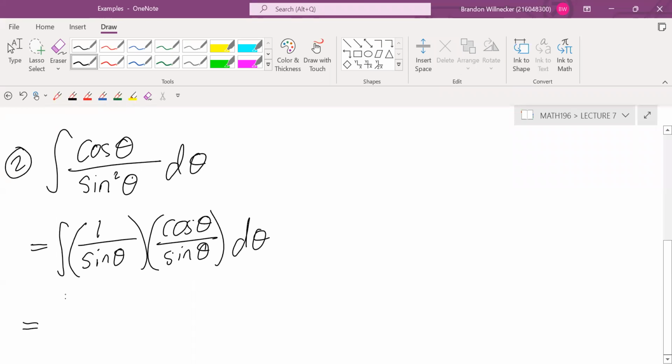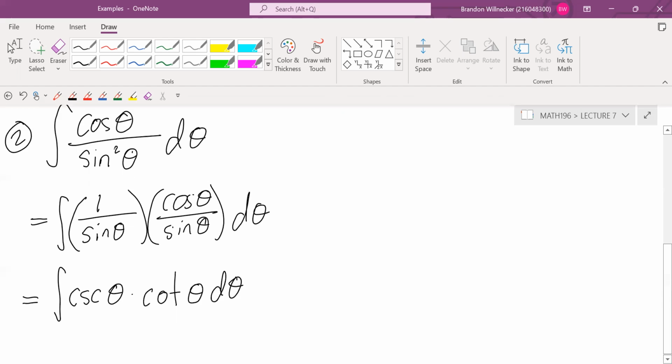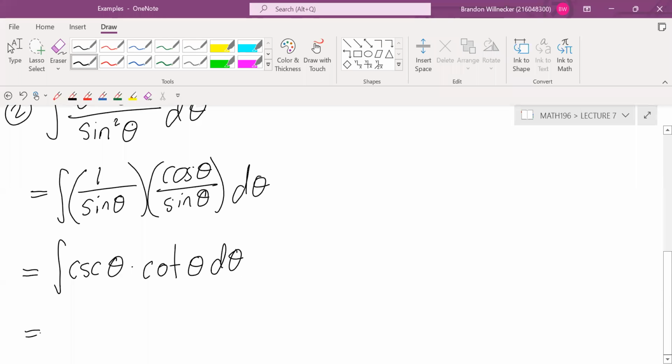Well, because this first term, 1 over sine theta, is going to be cosec theta. And then cos theta over sine theta is the reciprocal of tan, so that is cotan theta, d theta. We had this in our table earlier. This is going to be minus cosec theta, and don't forget your plus c.